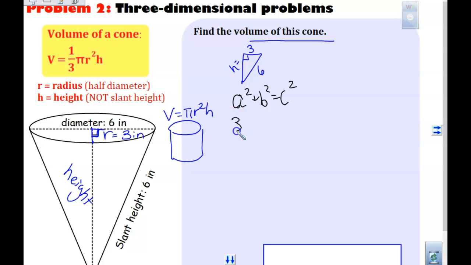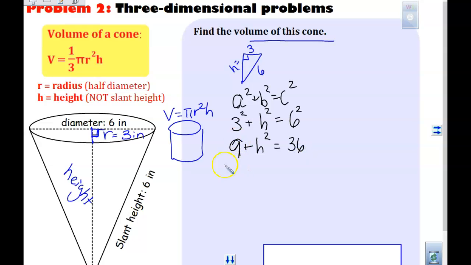Okay, and we'll keep going. So 3 squared plus h squared. And c squared should be, in this case, my c should be 6. So 9 plus h squared is equal to 6 squared, or 36.